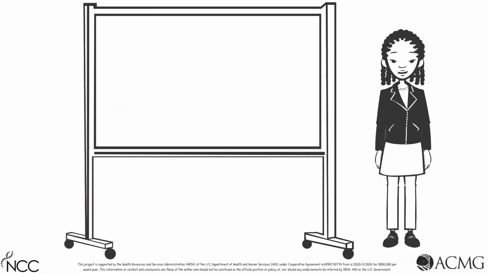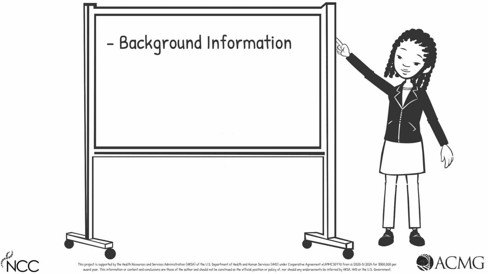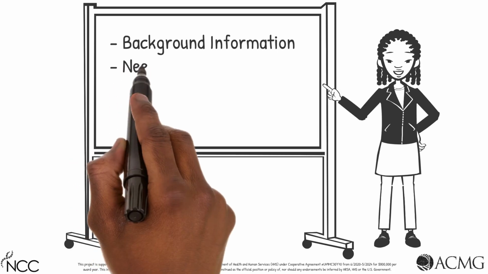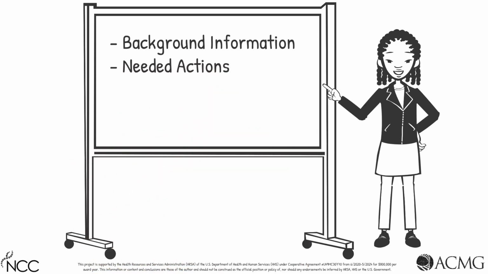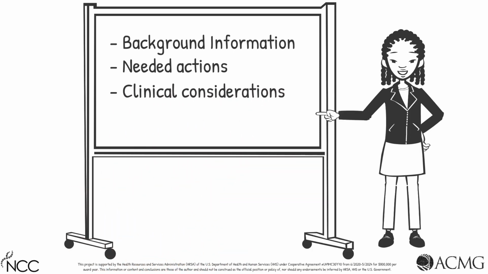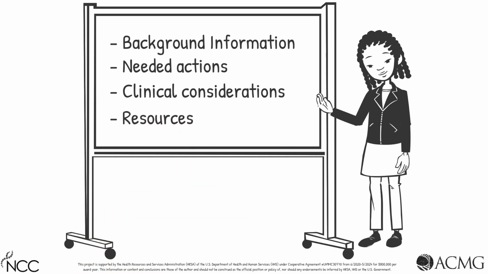This session will cover background information on Pompe disease, including clinical features and the underlying genetic cause, actions a primary care provider needs to take upon receiving a screen-positive test result for Pompe disease, clinical considerations, and supplemental resources.